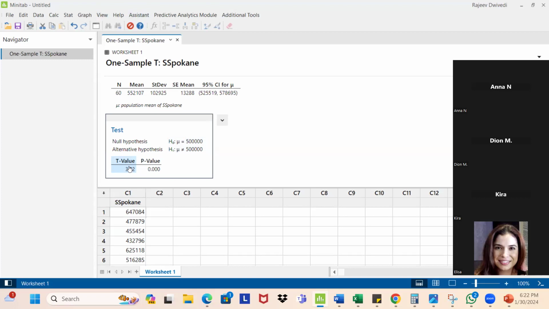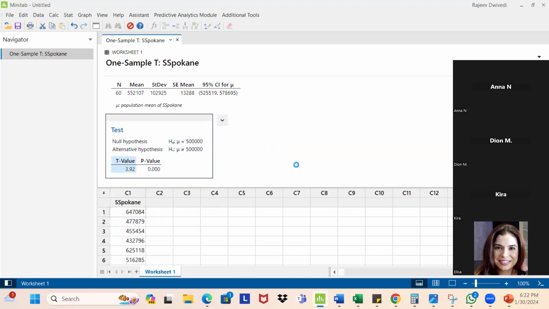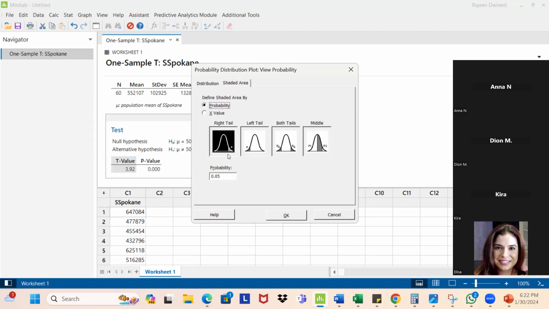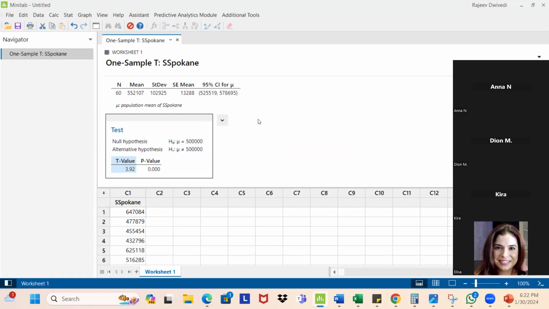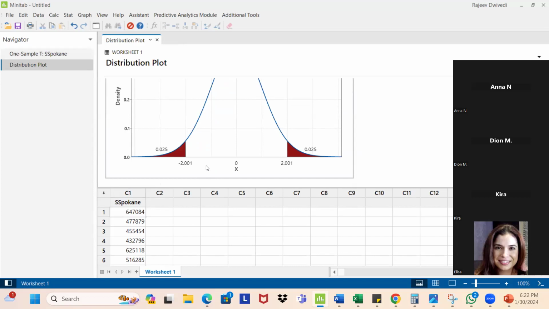Let's check the table value. I go under graph, then distribution, and check the t distribution. Degrees of freedom is 59 because we have 60 data points, and we would like to get 5% here. You can see the value is minus 2.001 to 2.001.